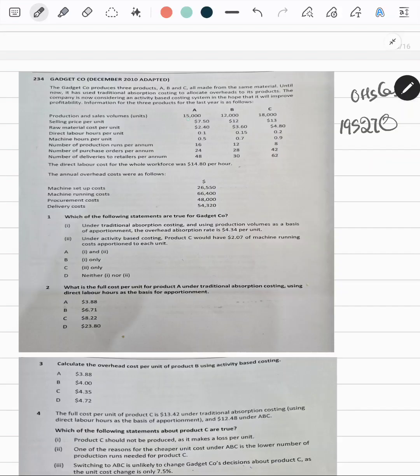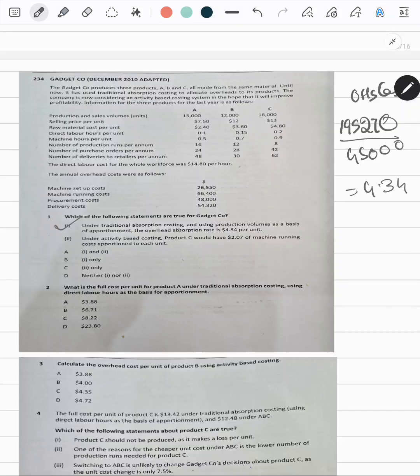The sales volume has been given: 15,000 for A, 12,000 for B, 18,000 for C. So the total volume over here is 15,000 plus 12,000 plus 18,000, that is 45,000. So the overhead rate is 195,270 divided by 45,000, and it will give us 4.339. So this is 4.34. So statement 1 is correct.